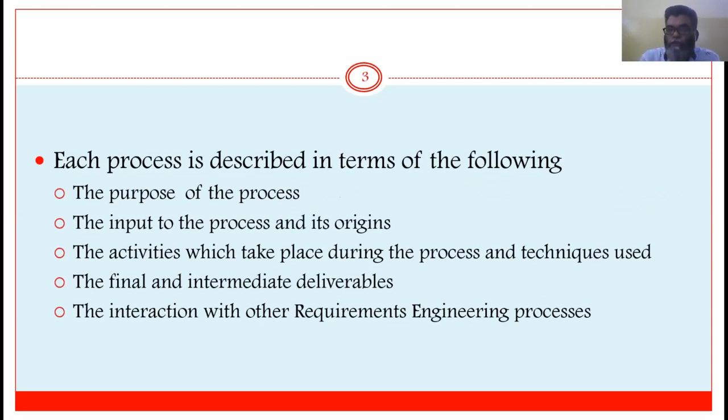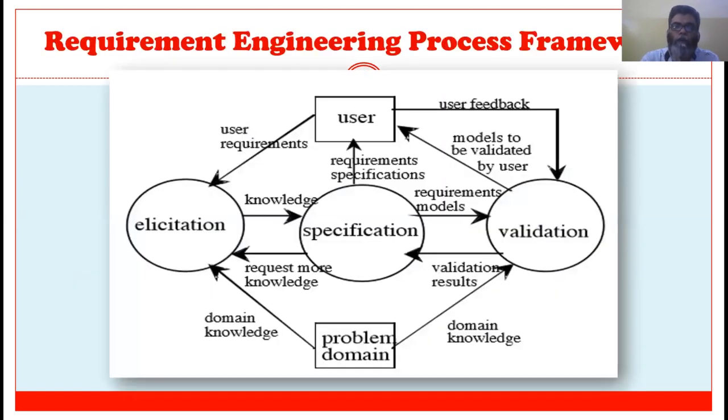Each process used in the requirement engineering phases is described in terms of the purpose of the process, the input to the process and its origin, the activities which take place during the process and techniques, the final and intermediate deliverables, and the interaction with other requirement engineering processes. So this is a requirement engineering process framework.